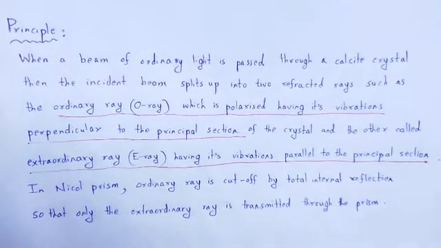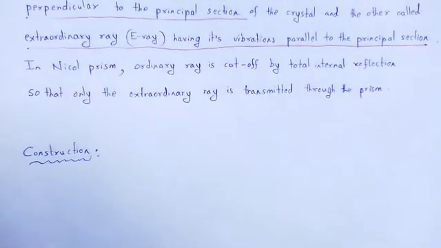Next, come to the construction part. How is Nicol Prism constructed by using calcite crystal? We use a rhombohedron type of calcite crystal, where the length is 3 times its breadth.